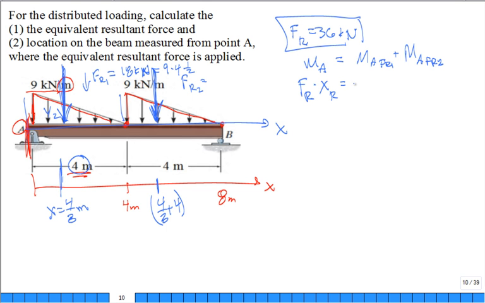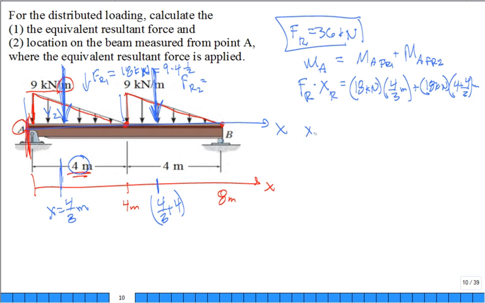So this one is the FR1, the 18 kilonewtons, times the distance, 4/3 meter. And this one is the 18 kilonewtons times the distance 4 plus 4/3, all that meter.